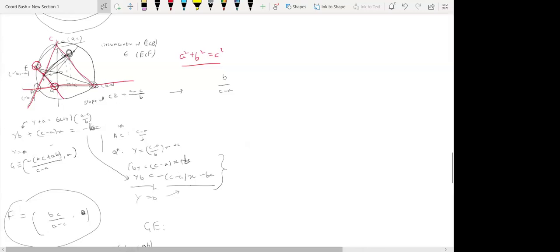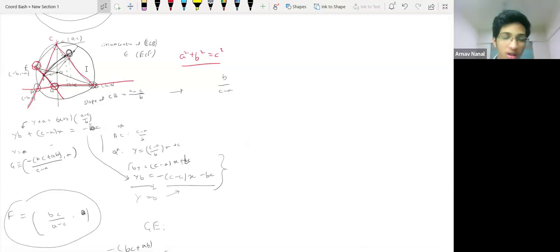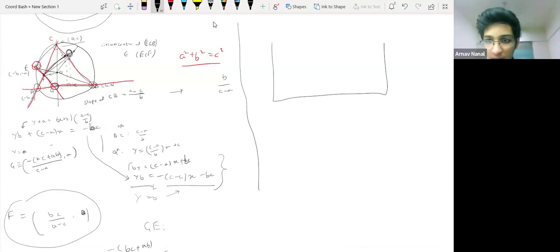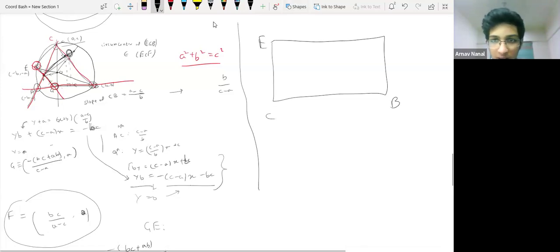But wait, for this question, INMO 2024 P1, we could use C as origin. Is that better or worse? Yeah, I was thinking about that. The thing I constructed later at home, like 1 year later, is something of this sort. This is C, this is E, B, and A is somewhere here.